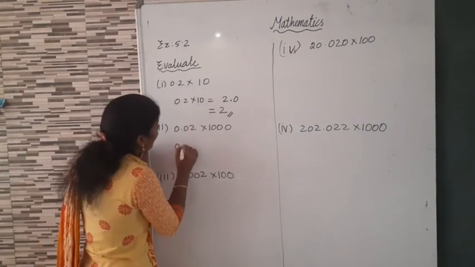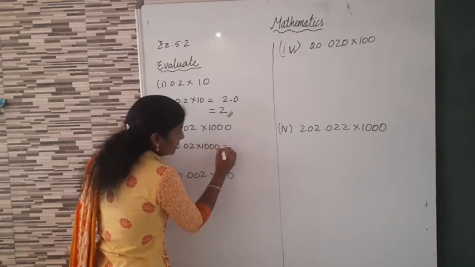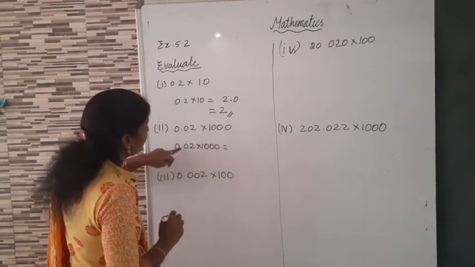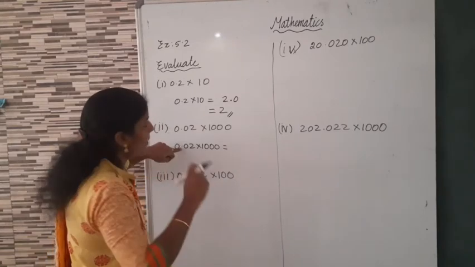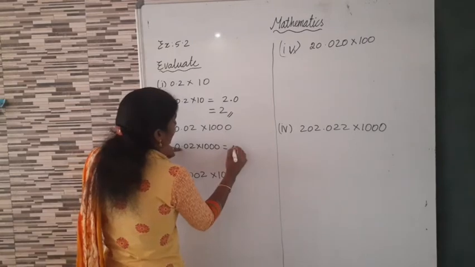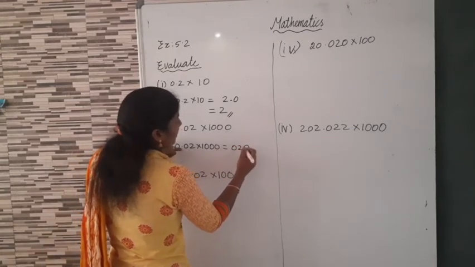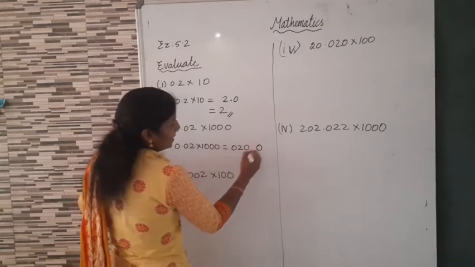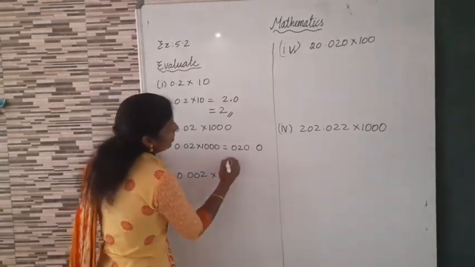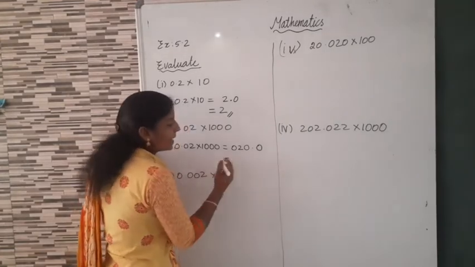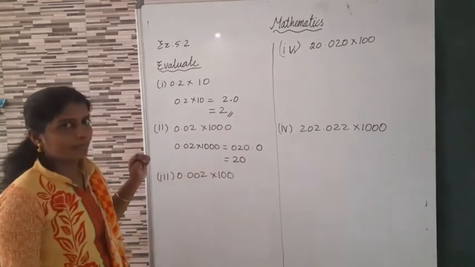So 0.02 into 1000 equals, this point will move right by 3 places. So 0, 2, here we can add 1 zero. After the point there is 0, which means it has no value in it. So the answer is 20. 20 is the answer. Okay.